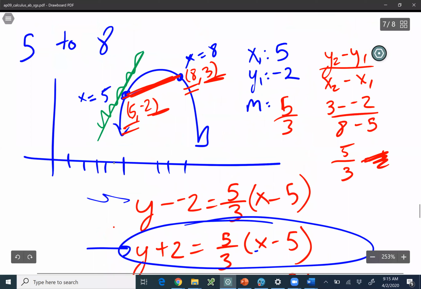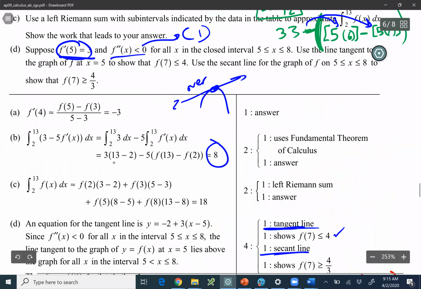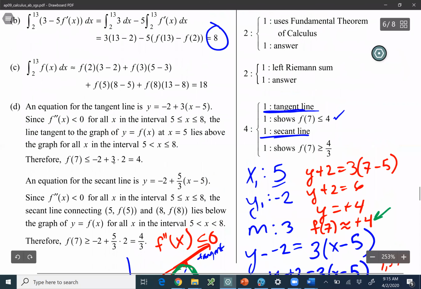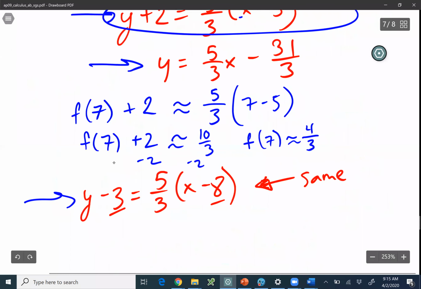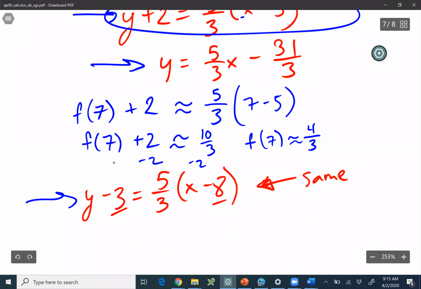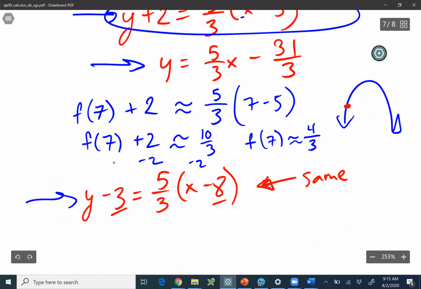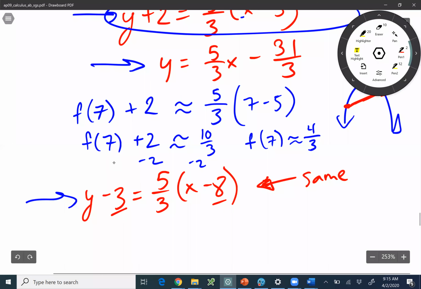Now, they wanted us to show that f of 7 had to be greater than 4/3. Well, if we think about what they told us, they told us this graph was concave down. If I draw any secant line, which is the in-between line, then for concave down, the secant line is always an under approximation.